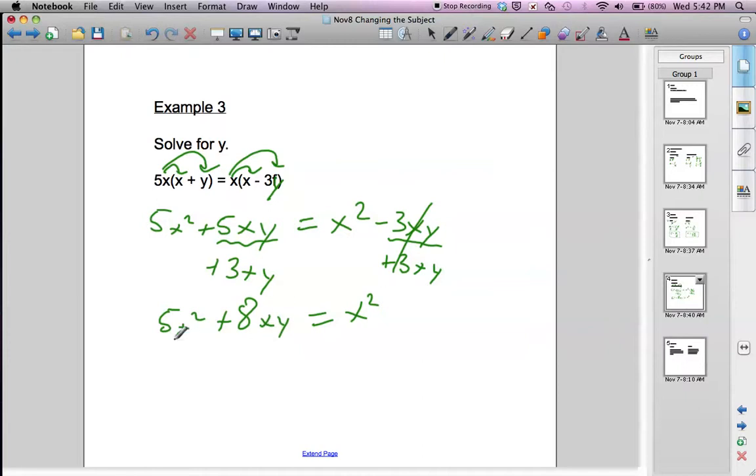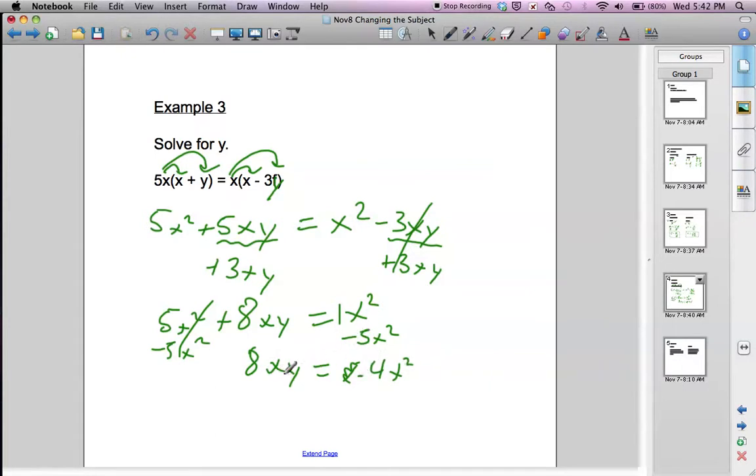We don't need this term on this side of the equation, so let's subtract 5x squared from both sides. And we get 8xy equals, well, this is 1x squared minus 5x squared is 4x squared, or negative 4x squared rather.